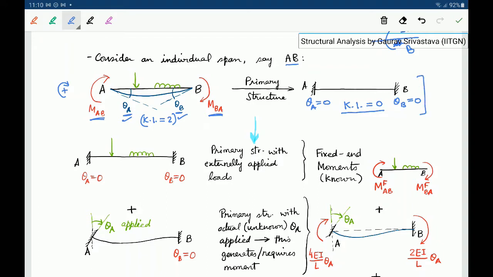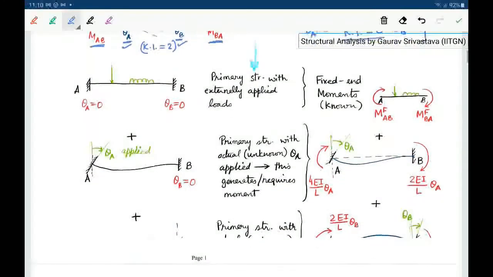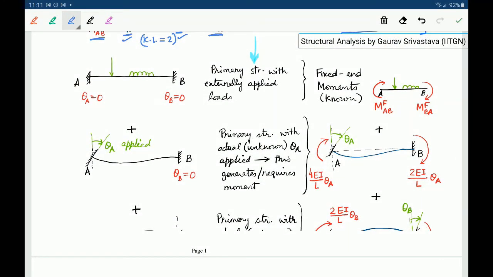Then we will consider a few cases of loading for the primary structure, and we will add them up using the principle of superposition to derive the overall equations. First we apply the externally applied load. So we consider the primary structure with externally applied loads. Since this is the primary structure, theta A and theta B are held equal to 0.